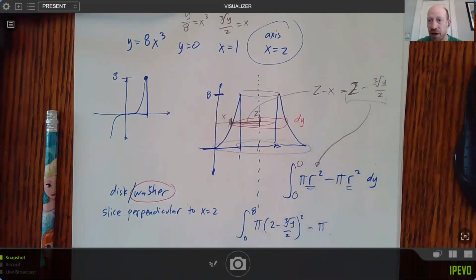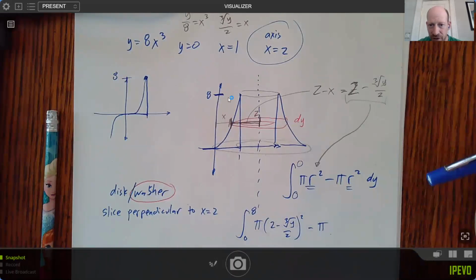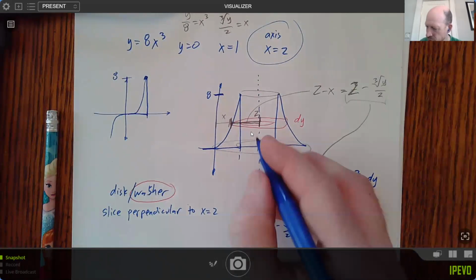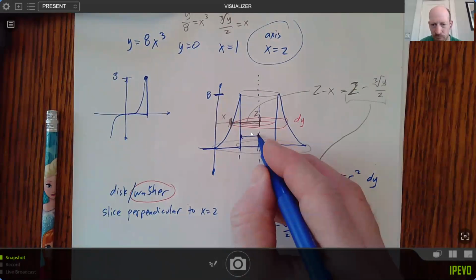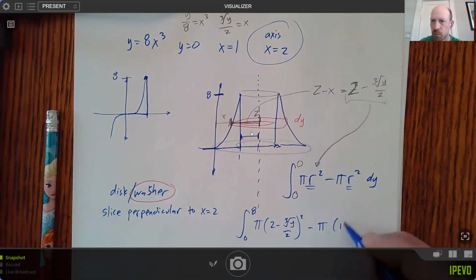Now the inner radius here is fixed. Every slice I take, the inner radius is going to be exactly the same, which is 2 minus 1, which is 1. Okay.